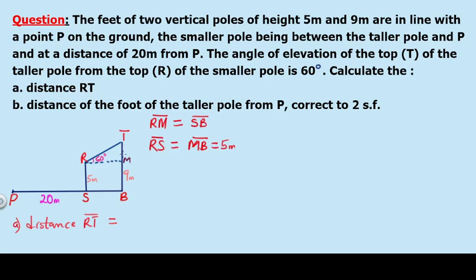RT is not known yet, but our TM is gotten from TB minus MB. Remember that TB is 9 and MB is 5. So TM, from here to here, is 4 meters.